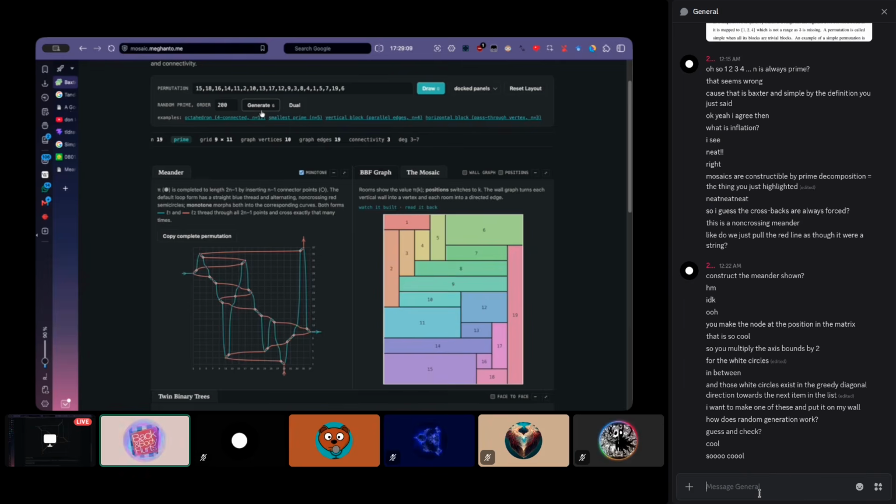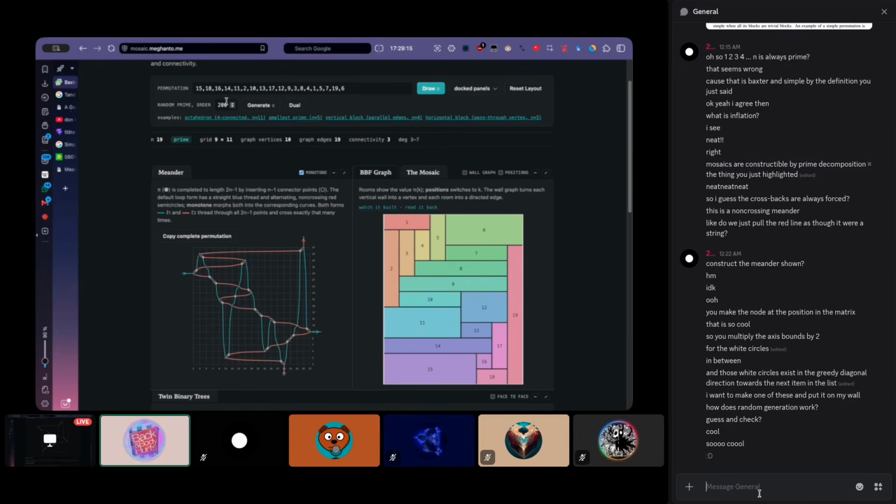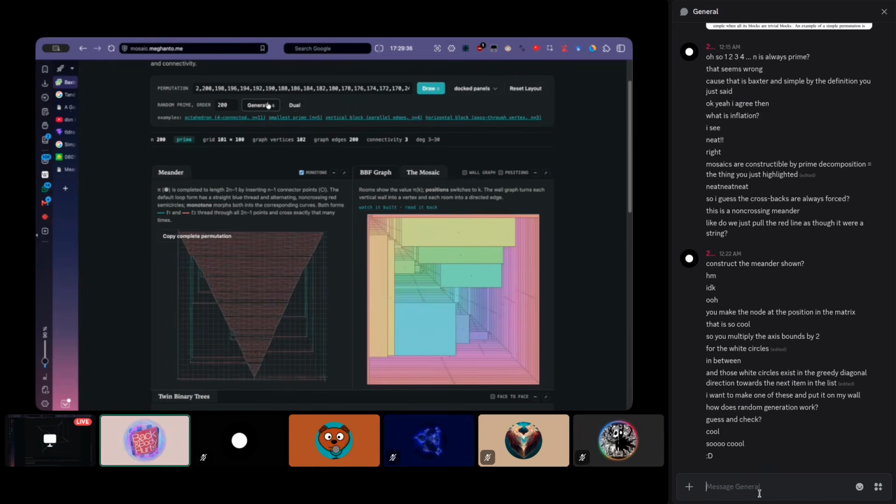Anything beyond 21, I cannot guarantee that the sampling space is uniform across all primes, but you'll still get a lot more variety. So beyond 21, I can't say that if you click generate, you will get all primes.